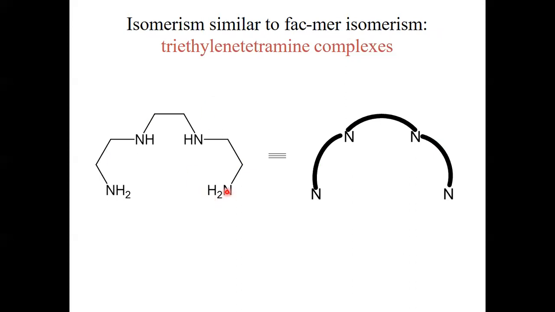In this case, we have 1, 2, 3, 4 amine groups with 4 nitrogen donor atoms, and 1, 2, 3 ethylene groups that bridge the nitrogen donor atoms. Again, this ligand can be simplified as this ligand here, where only the nitrogen donor atoms are shown, and they are connected just by bent lines.